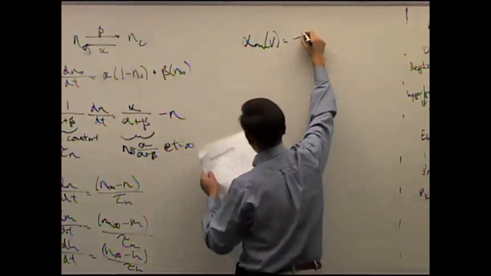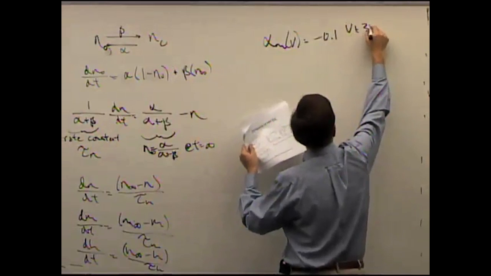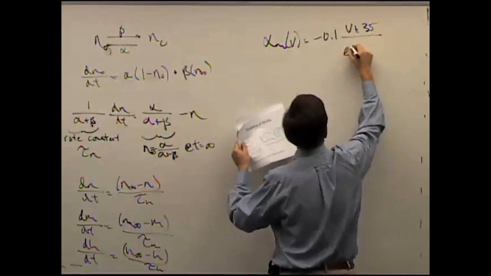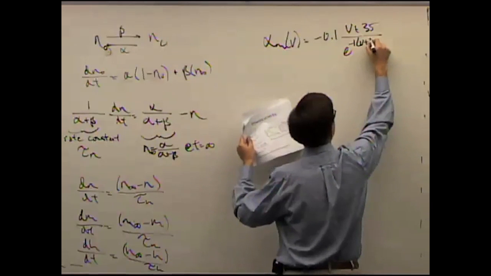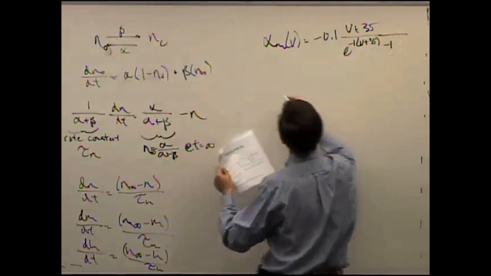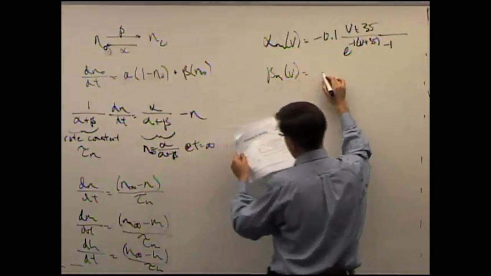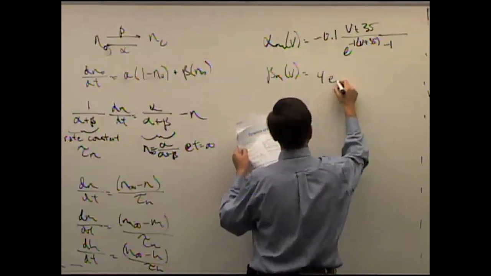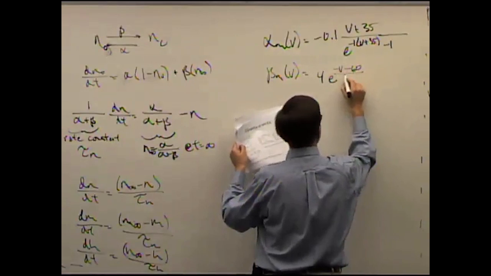It's equal to minus 0.1 times (v plus 35) over (e to the negative 1 times (v plus 35), minus 1). And beta m of v is equal to 4 times e to the negative (v minus 60) over 18.